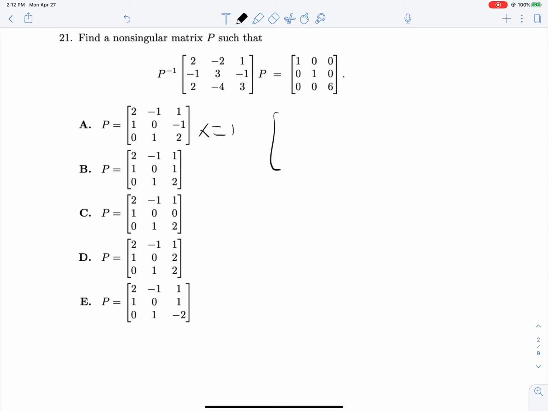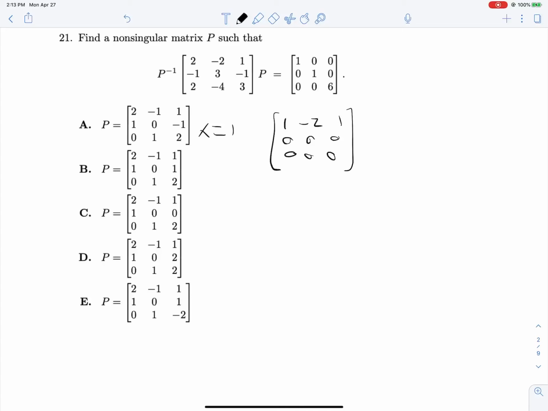So for lambda equals 1, if we plug that in, we will get 1, negative 2, 1, negative 1, 2, negative 1, 2, negative 4, and 2. We can turn this into a 1, negative 2, 1, use row 1 to set both row 2 and row 3 to zeros, and we can solve for our eigenvectors.